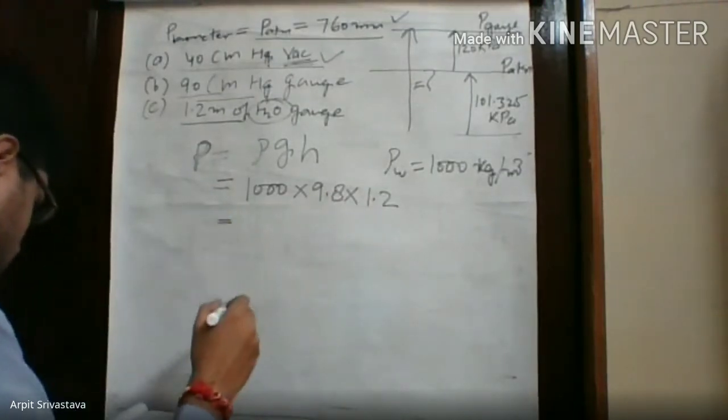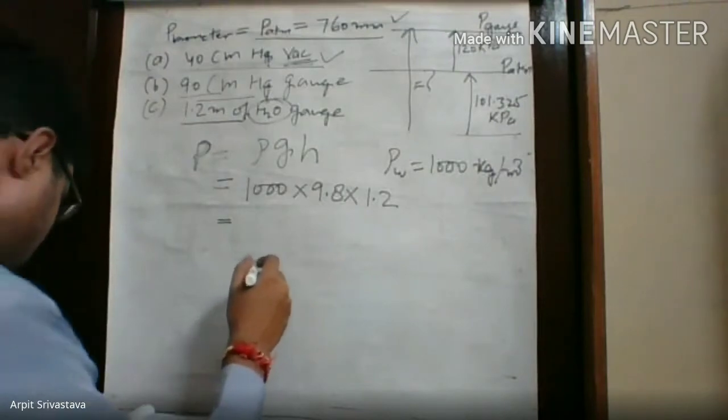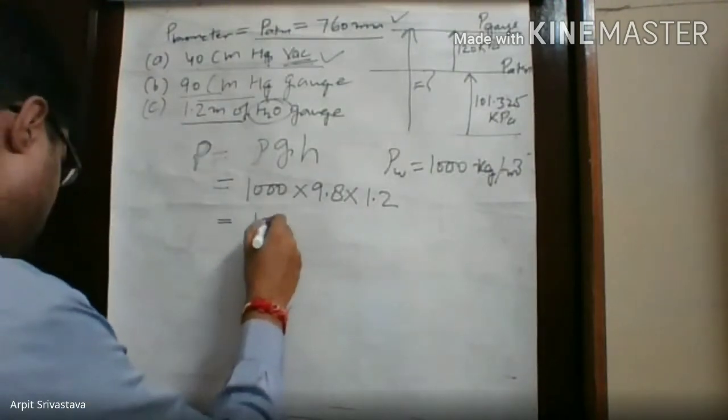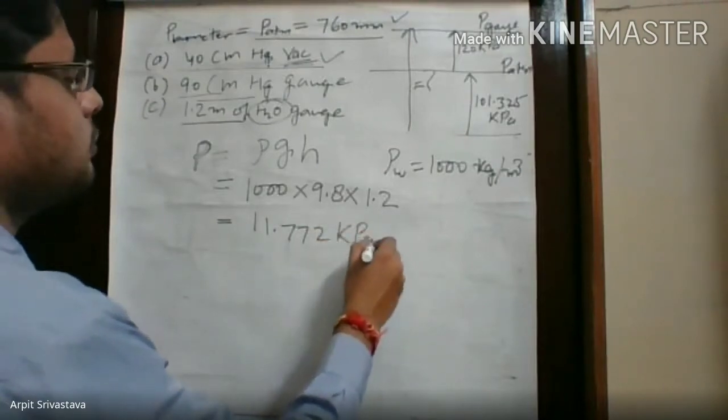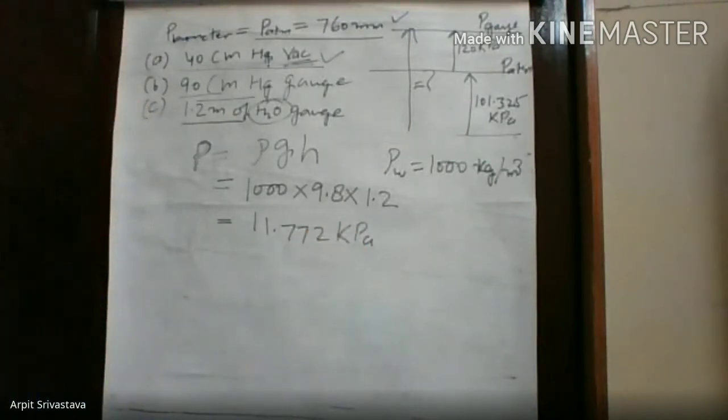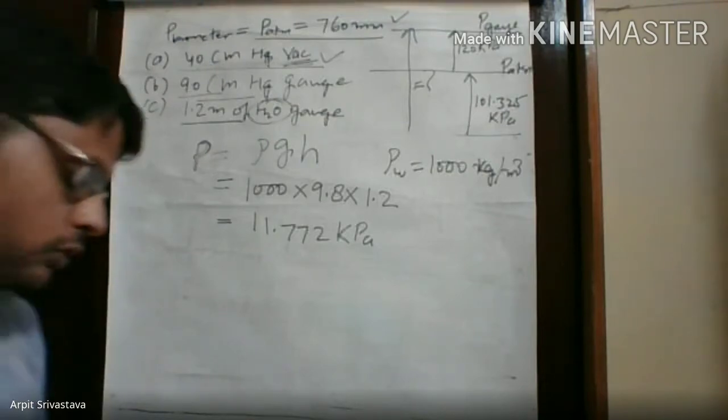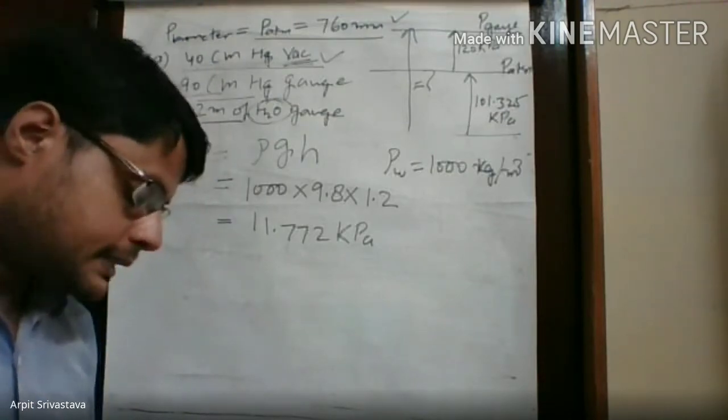So this value is equal to 11.772 kilopascal. Okay, so this is the value of 1.2 meter of H2O pressure in kilopascal.